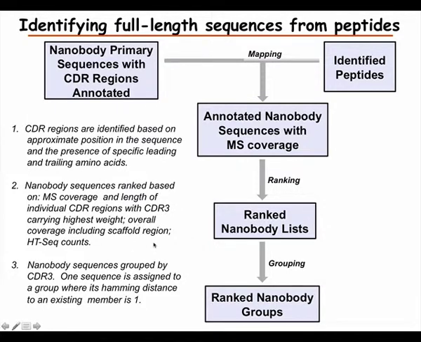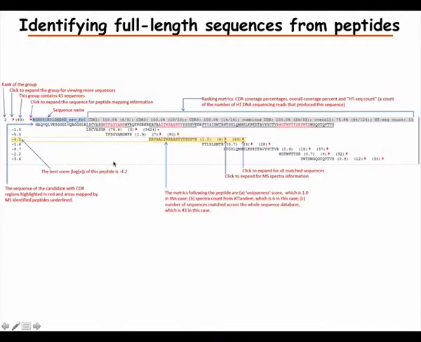And then looking at other parts like the scaffold regions, and finally how many counts we get in the sequencing. And then we group them together, and finally we end up with a list of ranked nanobodies. And this is again a little bit difficult to see, but here is the sequence of the nanobody, and underneath are the different peptides that were identified.